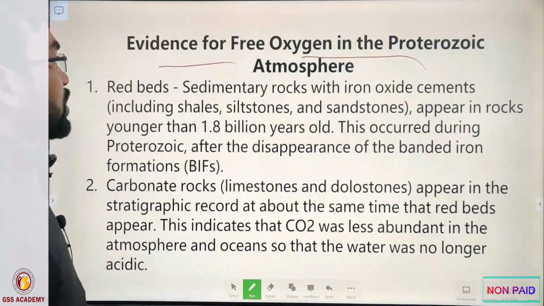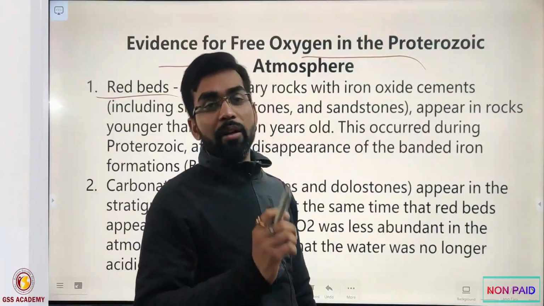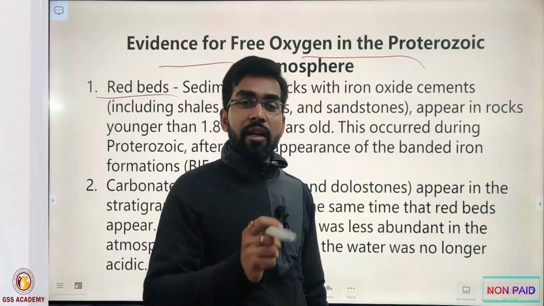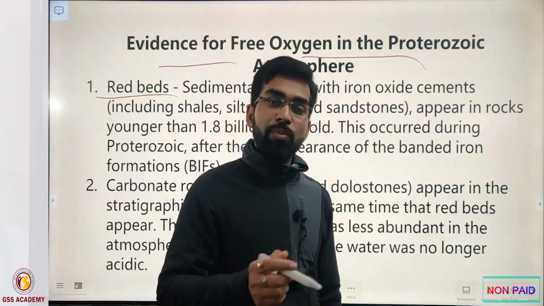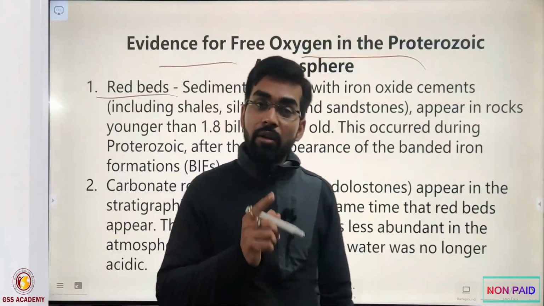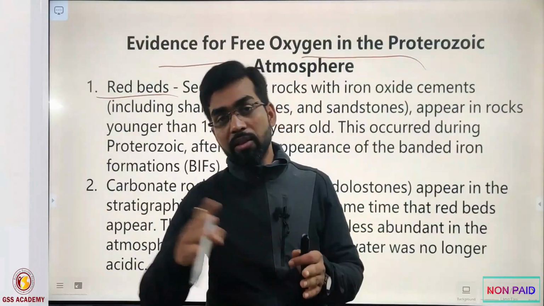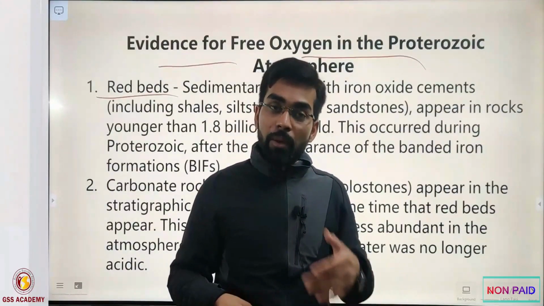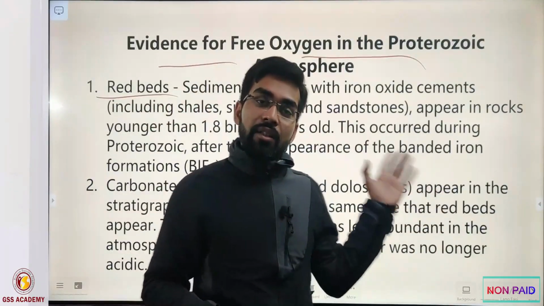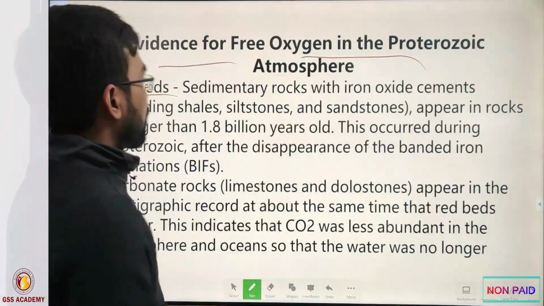A very good example of free oxygen in the Proterozoic is red beds. Red beds clearly indicate the presence of free oxygen in the atmosphere at that time, because in red beds the iron is all oxidized. That means we find both ferrous and ferric states. Only if oxygen is present can we find these types of sequences. So red bed is a very good example of free oxygen.